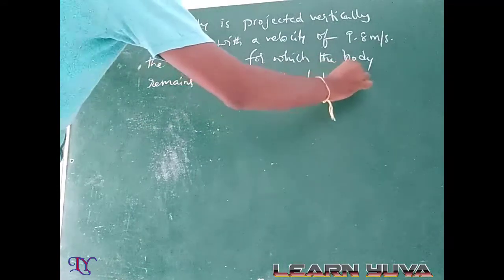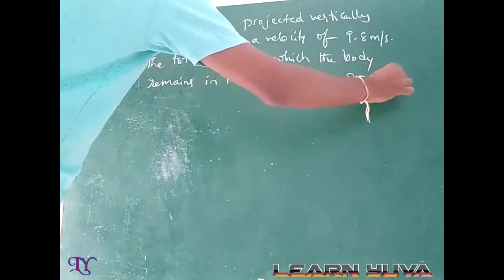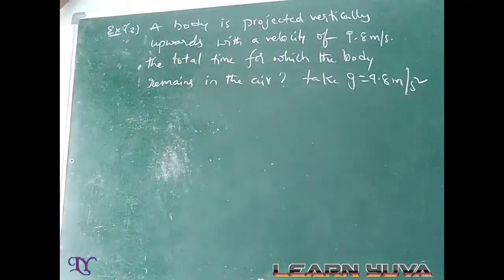Take g is equal to 9.8 meter per second square. That is the g value.